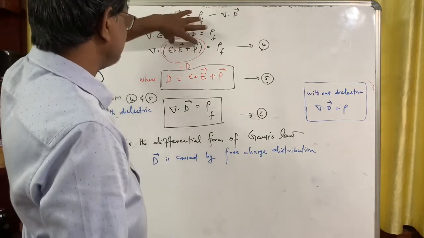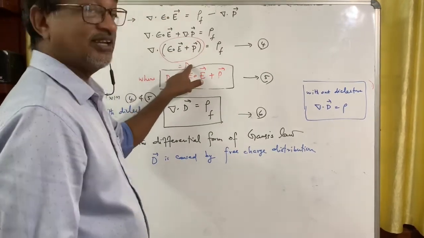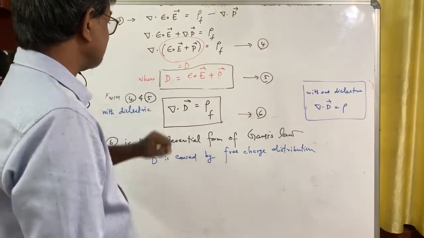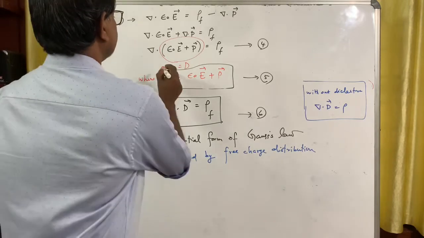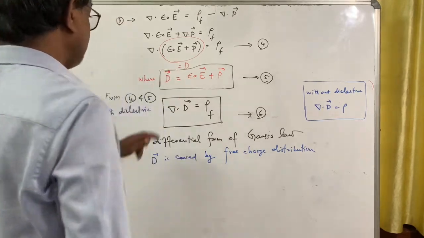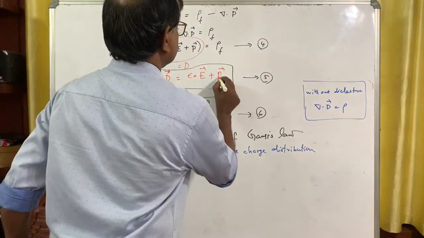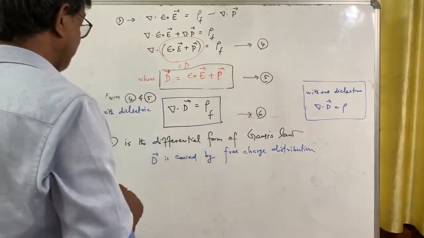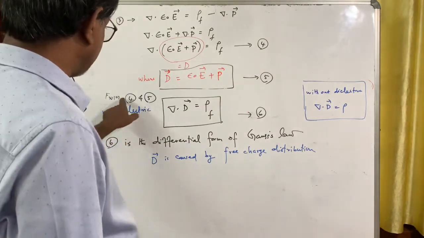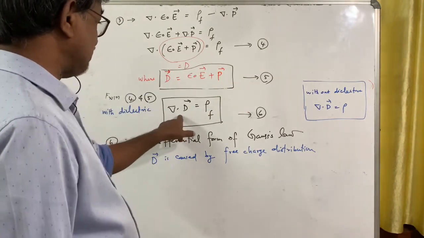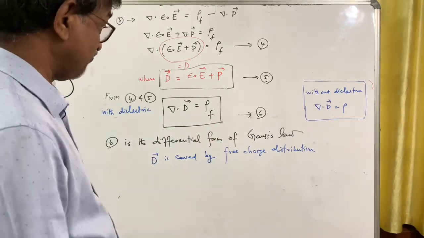Here this term, epsilon 0 E plus P, is defined as D, the electric displacement. So electric displacement is denoted by the equation D equal to epsilon 0 E plus P, where P is the dielectric polarization. This is equation 4 and this is equation 5, and from 4 and 5 we get the equation del dot D equal to rho f.